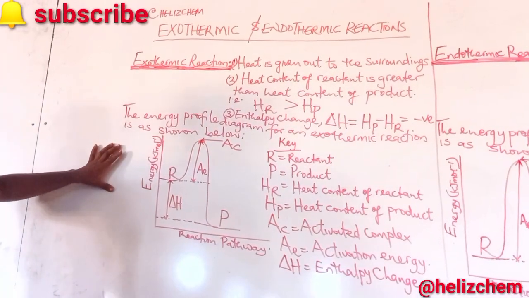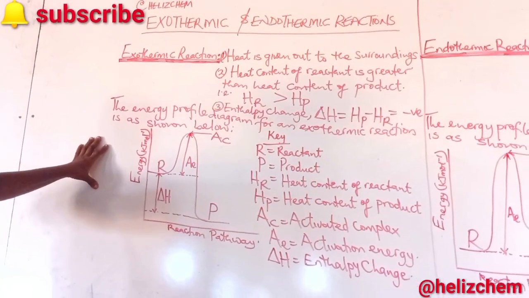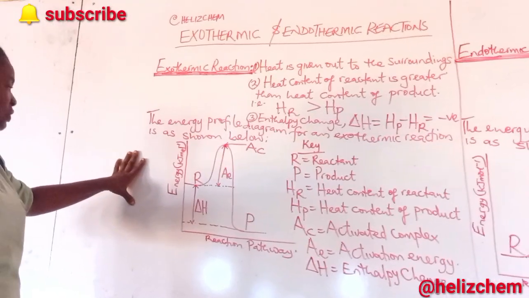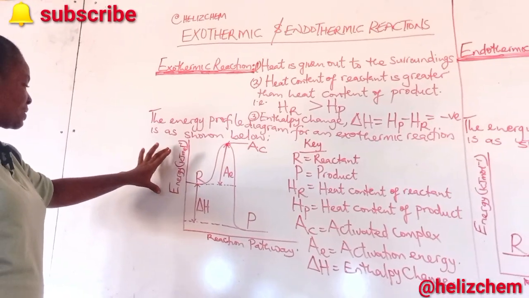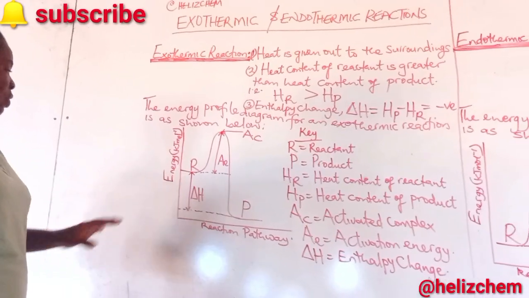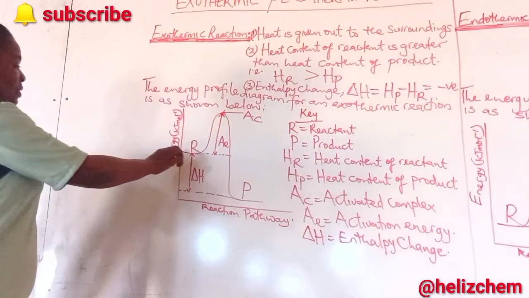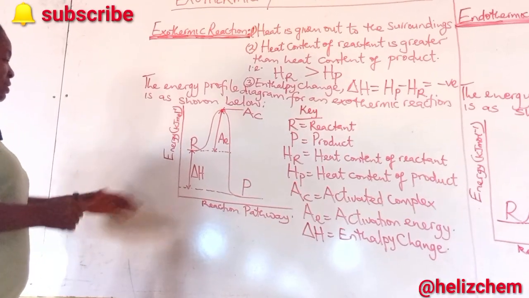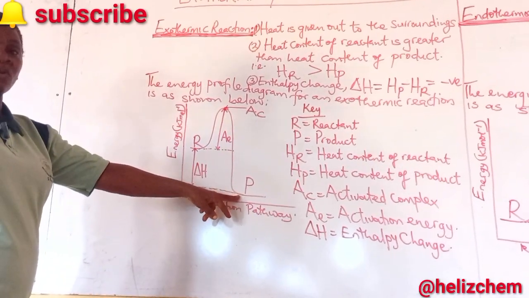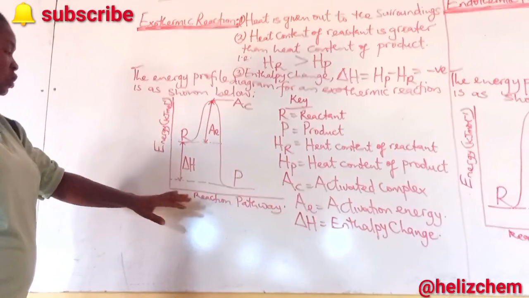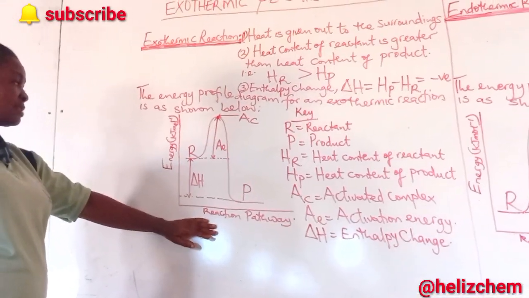If you look at the board, you will see the energy profile diagram for an exothermic reaction. This is a typical energy profile diagram where you have the heat of reactants being greater than that of products, and that is why you are having the shape of the curve to be like this.